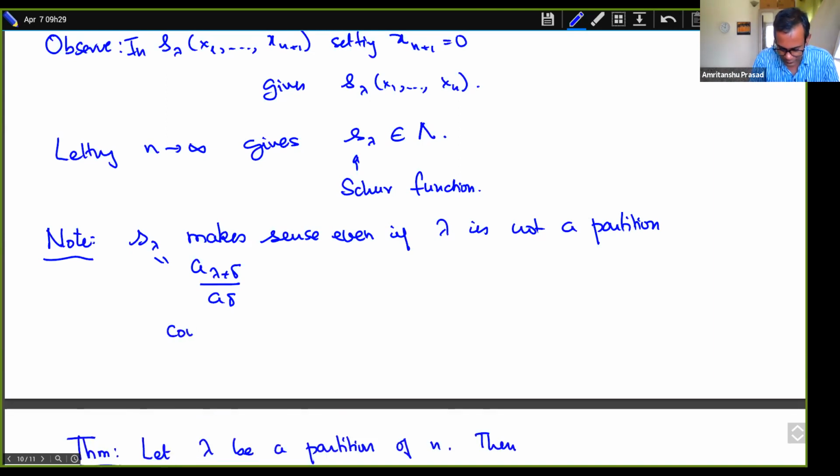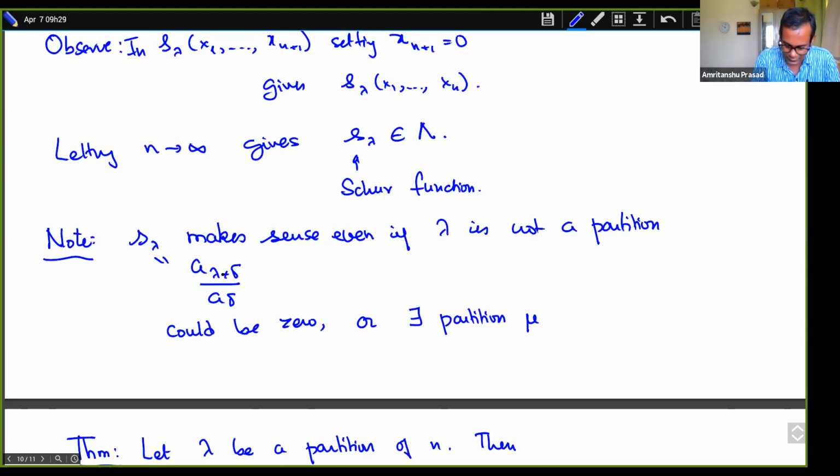So it could be 0, or it could be plus or minus a Schur function, or there exists another partition mu, because it would just be this a lambda plus delta.